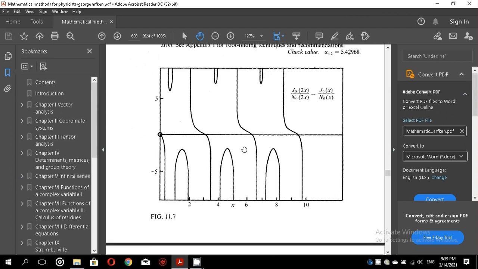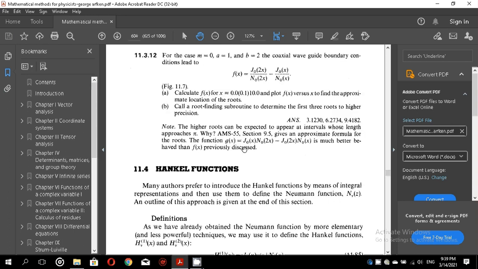So if you are asked to prove a certain algebraic equation for Bessel's function of second kind, that is the Neumann function, you can simply discuss that equation, that algebra, for the Bessel's function of first kind, and then simply give the reason that Neumann functions are linear combinations of the Bessel's function of first kind, hence they also satisfy the algebra.